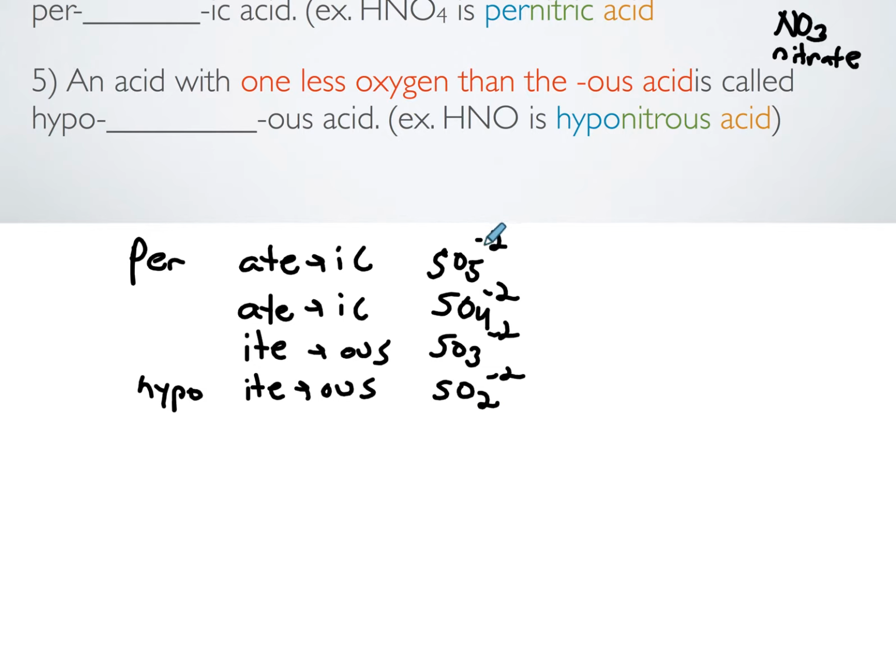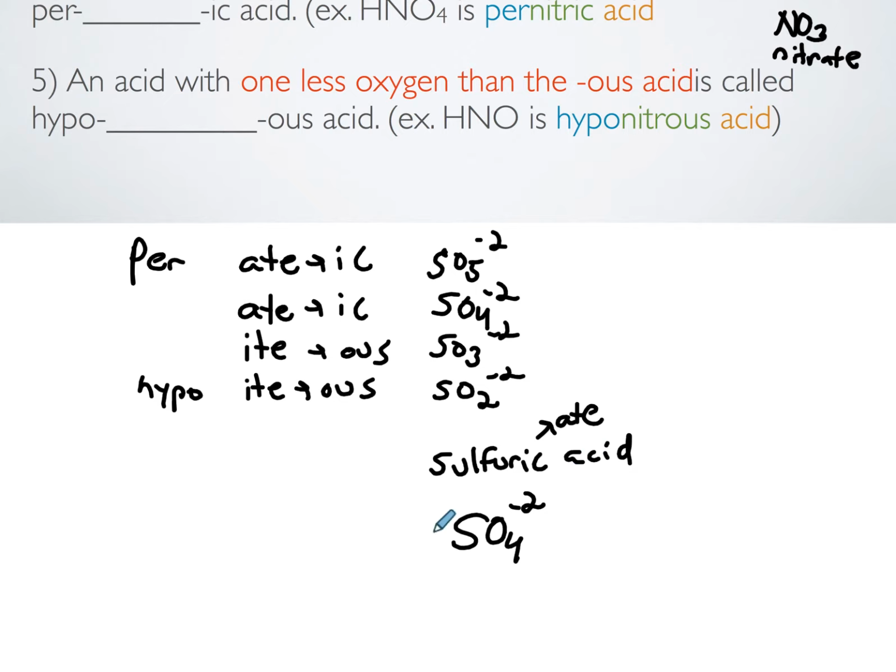All right, now with the -2 charges here, if you're going in the other direction and you have to write the formula from the name, let's say that I had the sulfuric acid. I know IC goes back to ATE, so I know I'm looking at sulfate, which is SO4 -2.